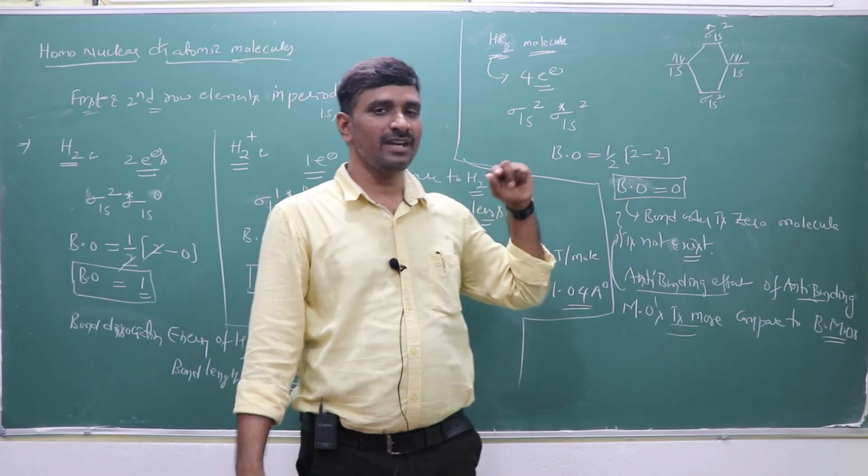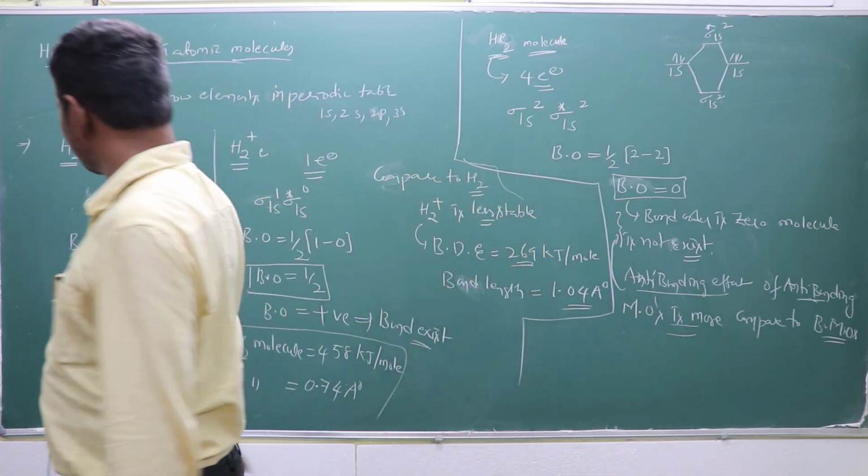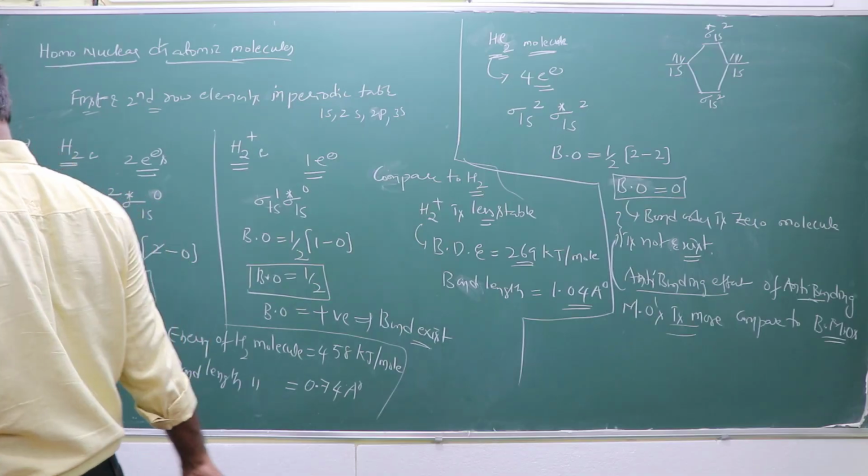So the bond order is 0. This is for the helium 2 case.